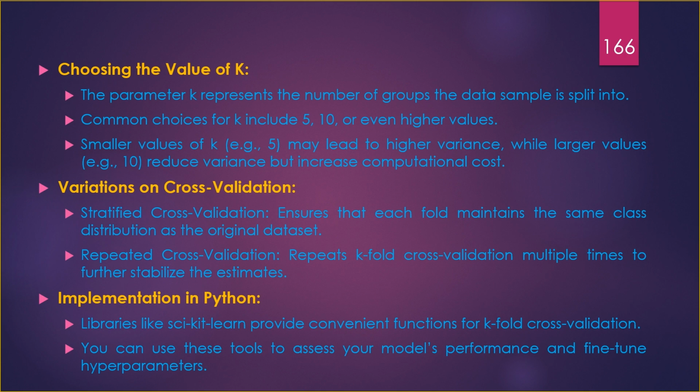And there are also variations on cross validation, like stratified cross validation or repeated cross validation, depending upon the distribution of the classes. For example, if it's a binary classification problem and class 1 is very much less than class 2, naturally it will be better to go for stratified cross validation, so that the classes can be distributed evenly in the train and test data.